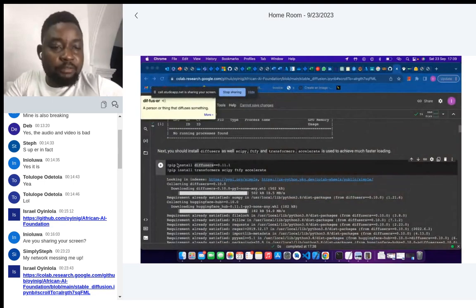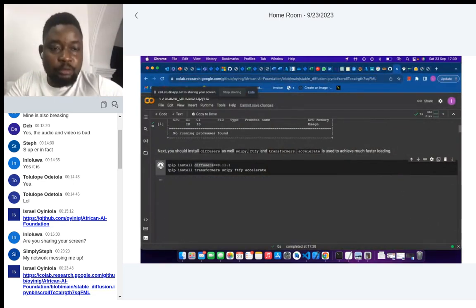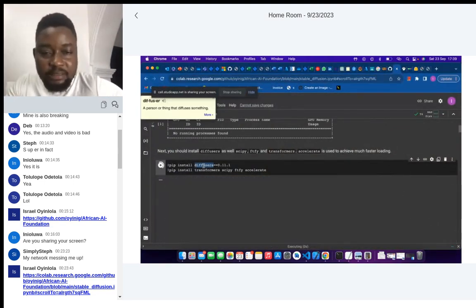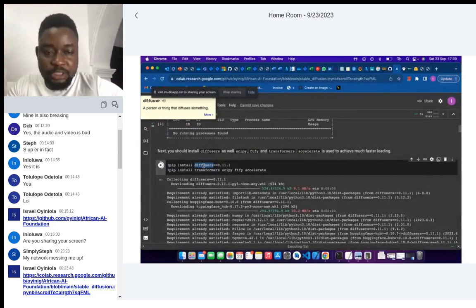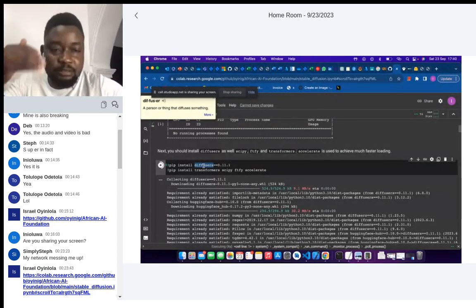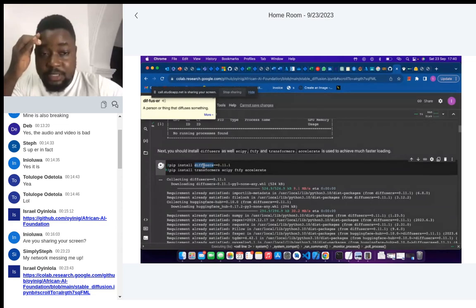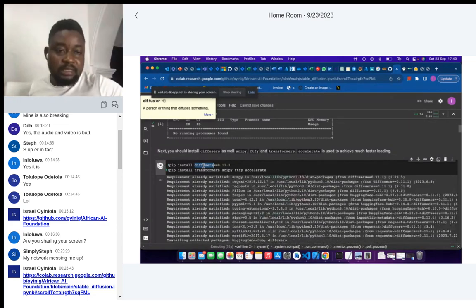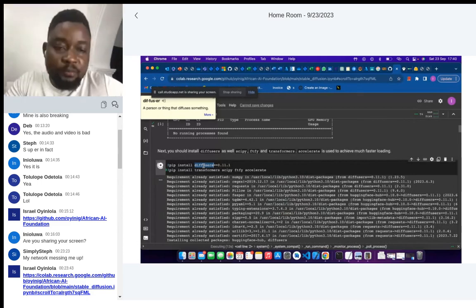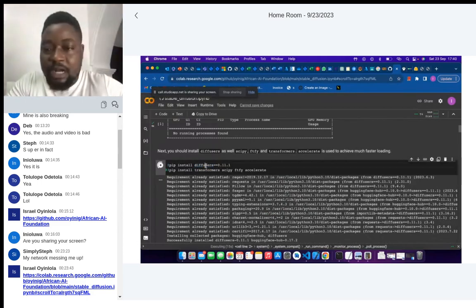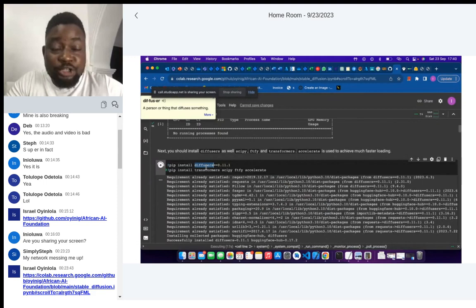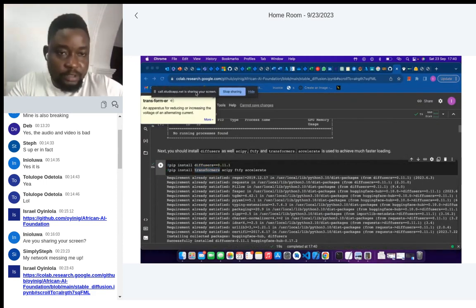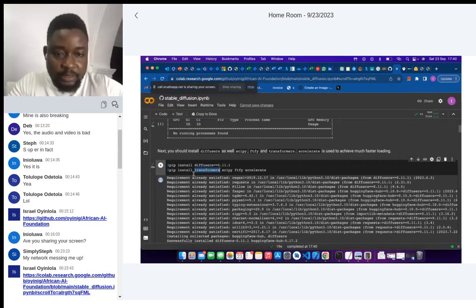All right. So we have to install a few things. Diffuser model: I would explain the broad idea of the diffuser model this week, and then get deeper into what is happening in the diffuser model next week. So diffusers is the Python library that allows you to interact with the diffuser model, and then transformers: I would explain the surface level of what's in a transformer model also this week, and then get into the detail next week.